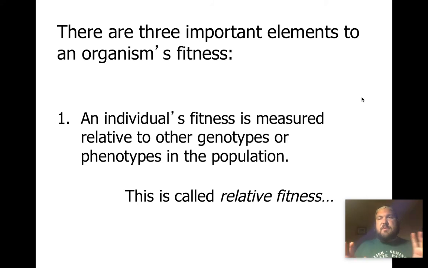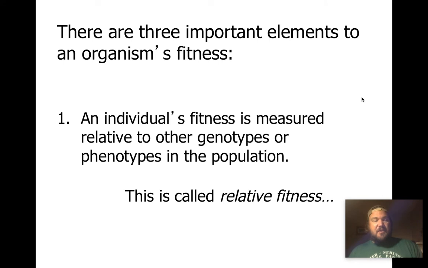Okay, let's talk a bit more about this concept of relative fitness and what do I mean by fitness being context dependent? Well, first, an individual's fitness is measured relative to other genotypes or phenotypes in the population. So we generally refer to fitness as relative fitness.